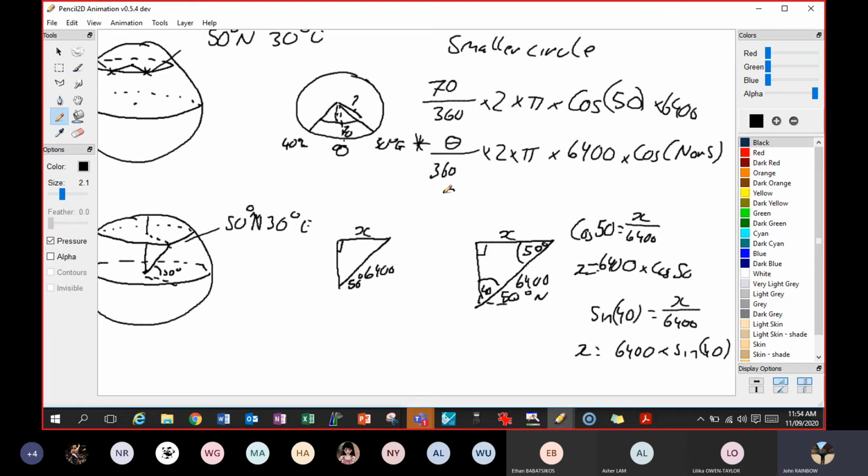So another formula you can have, because they might have a multiple choice that says it with sine, would be the angle over 360 times by 2 times by pi times by 6,400, and this will give you the distance between 2 points, times by sine 90 degrees minus north or south, how far you've gone north or south.